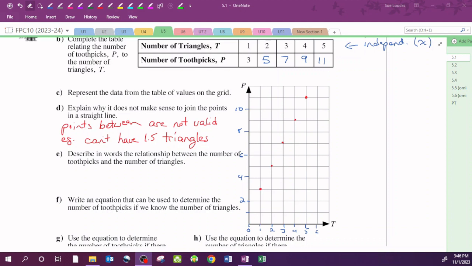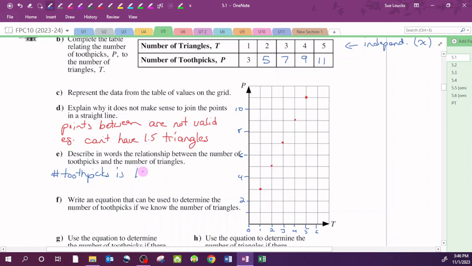Describe in words the relationship between the number of toothpicks and the number of triangles. Well, the number of toothpicks, oops, wrong pen. Number of toothpicks is, let's see, we've got 1 triangle.